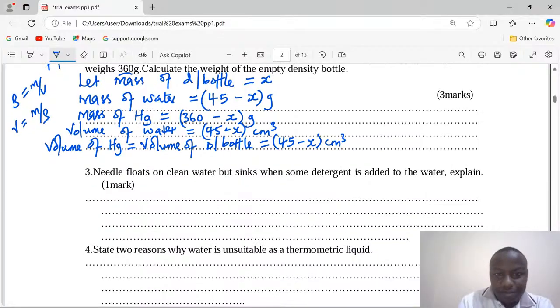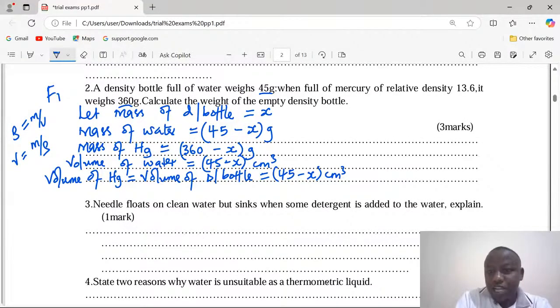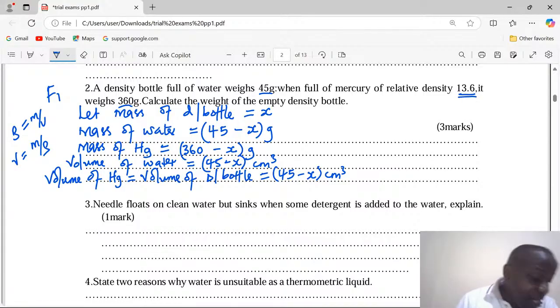Allow me now to express density. I have to mention something about relative density, though we'll be talking about it more during floating and sinking.